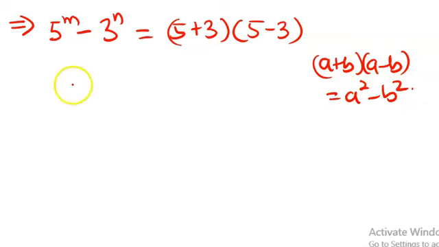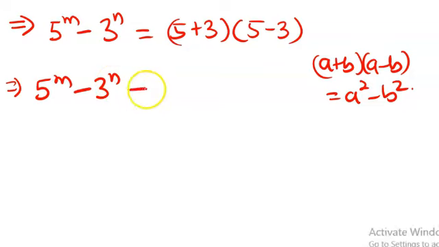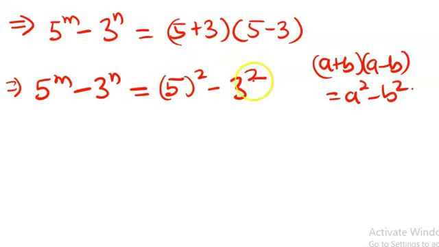So the same thing applies to this. So 5 raised to the power m minus 3 raised to the power n will be equal to 5 squared minus 3 squared.